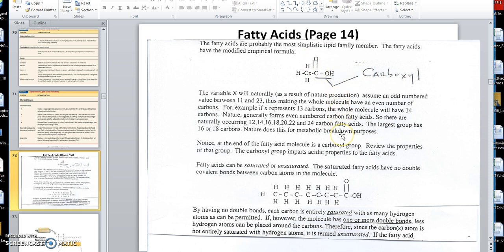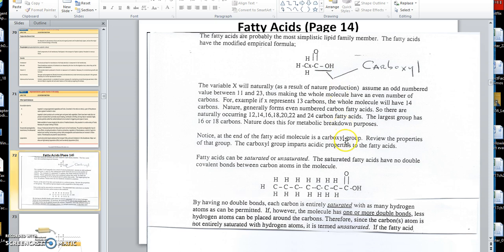Under the fatty acids, some are naturally occurring, and generally the ones that are naturally occurring are even-carboned: 12, 14, 16, and so forth. Under the fatty acids, you have saturated and unsaturated. A saturated fatty acid has no double bonds.